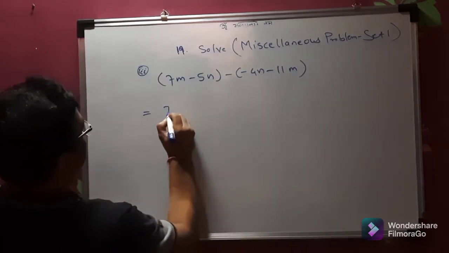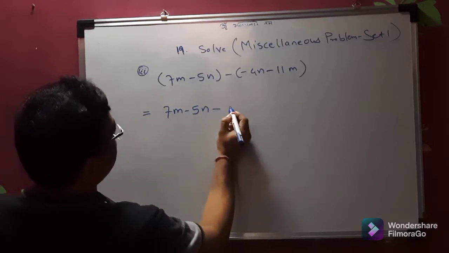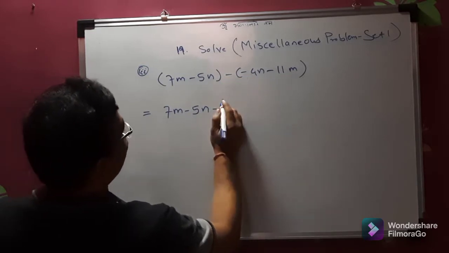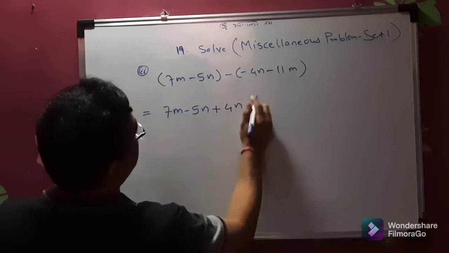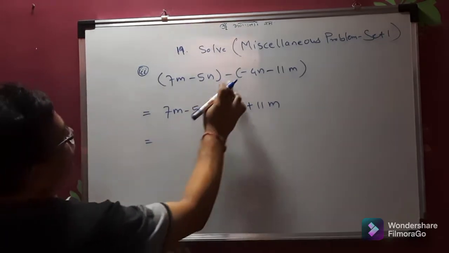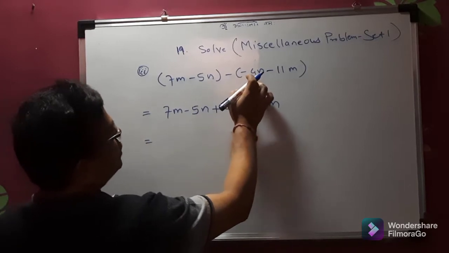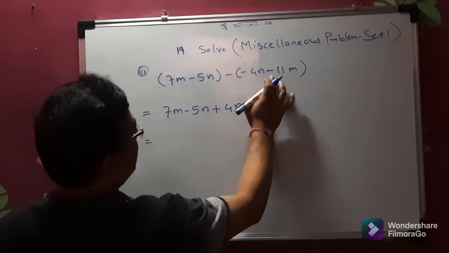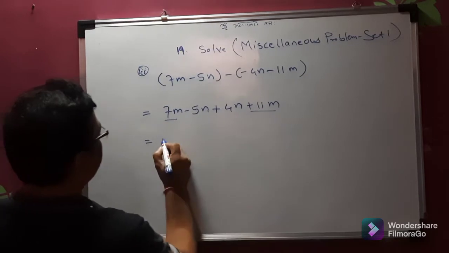Here we will open the bracket: 7m minus 5n, minus, when we open this bracket, this minus will become plus, so minus minus gives plus 4n, and minus minus gives plus 11m. Remember, when you open the bracket, the sign will change. When there is a minus sign, the signs inside the bracket will change. This minus will become plus, and this minus will also become plus. So 7m plus 11m.